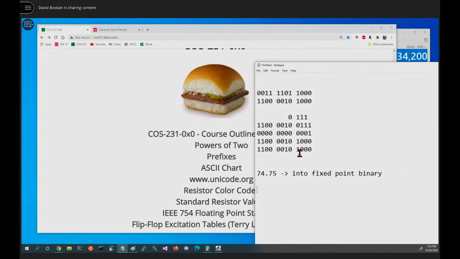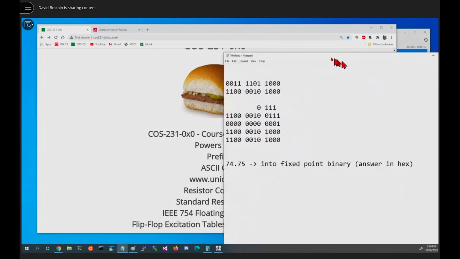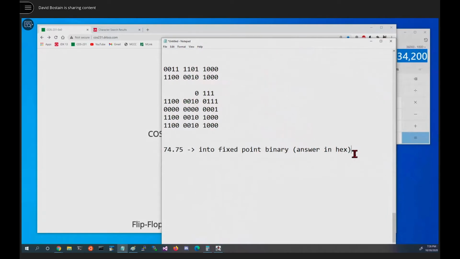We need to have a binary and then turn it into hexadecimal answer. So I'll just put over here so we would know to do it. Answer in hex. What's the first thing I have to do? Anybody want to take a shot at it?